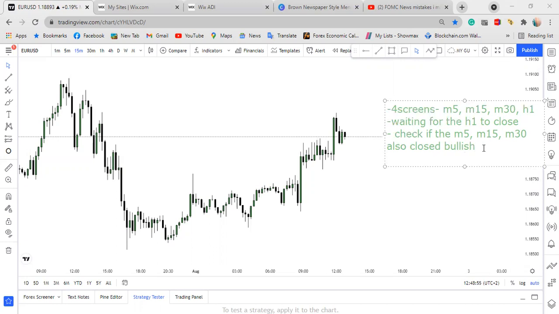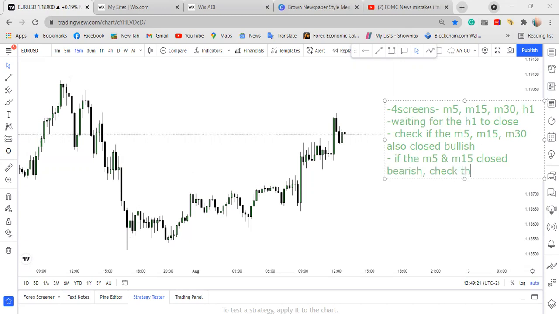So what you can reconsider is if the M5 and let's say M15 closed bearish, then you check where they presented themselves, and how they closed.